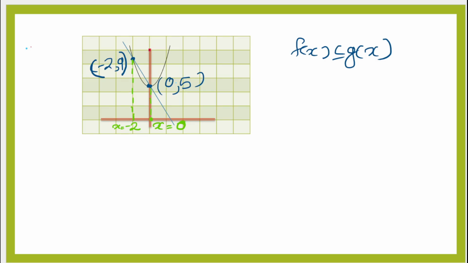Now the corresponding range of values of x is represented by this portion on the x-axis. Thus the solution corresponding to f of x less than or equal to g of x is minus 2 less than or equal to x less than or equal to 0.